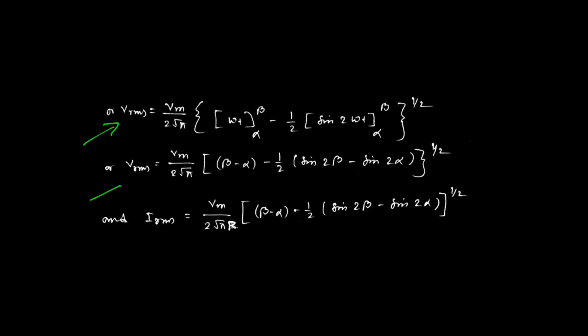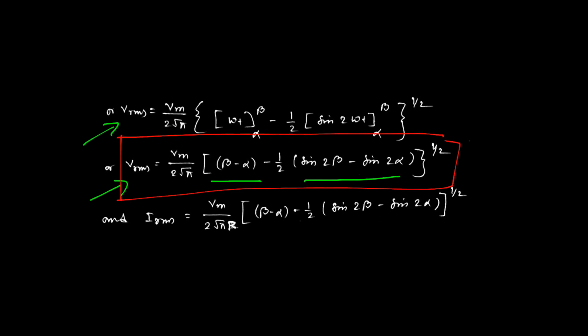Considering the limits, it can be written as beta minus alpha, and sin 2 beta minus sin 2 alpha. This is the complete expression for the RMS value of output voltage: V RMS equals Vm by 2 root pi times beta minus alpha minus 1 by 2 into sin 2 beta minus sin 2 alpha, under root.